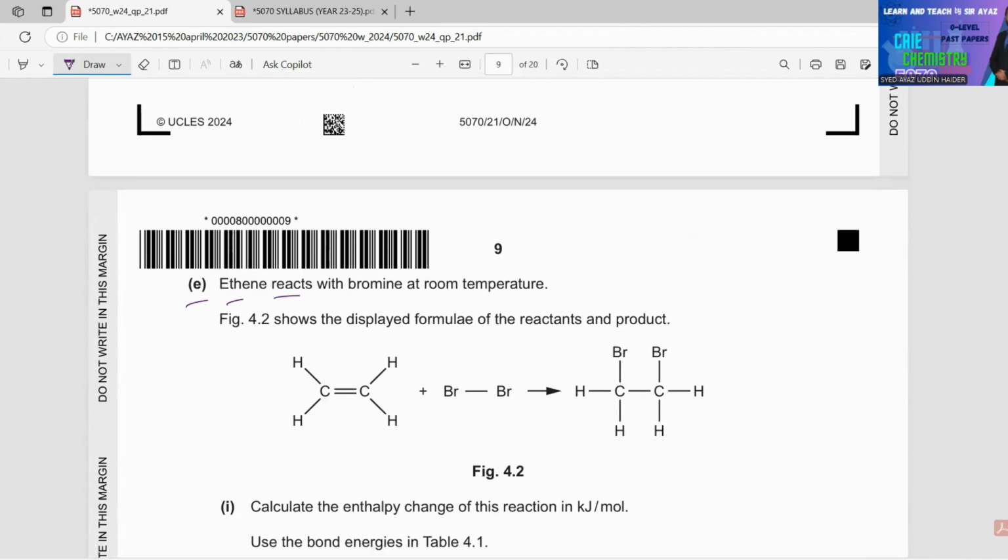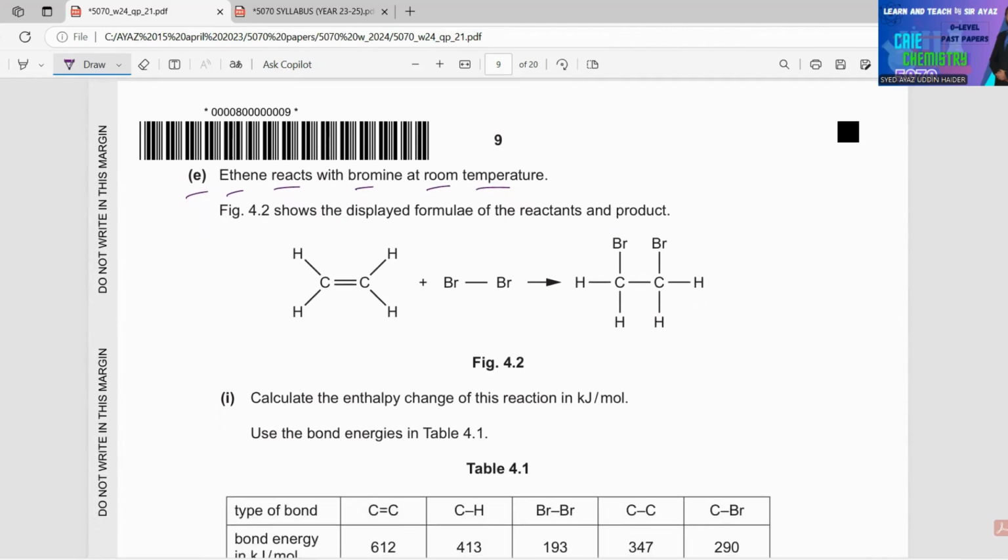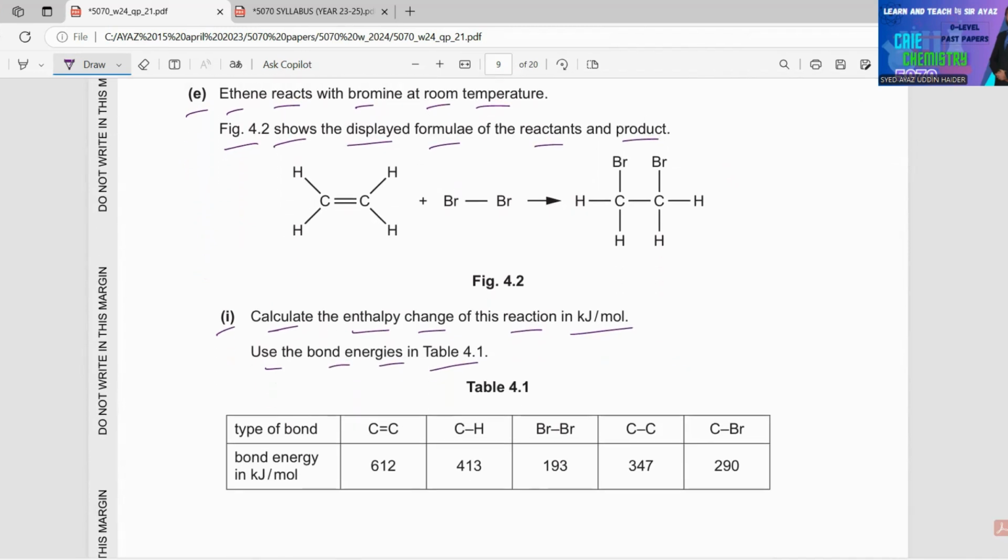E. Ethene reacts with bromine at room temperature. Figure 4.2 shows the displayed formula of the reactants and products. So here's the reaction. Number 1, calculate the enthalpy change of this reaction in kilojoule per mole. Use the bond energies in table 4.1. So bond energy is provided. We need to calculate the enthalpy change.